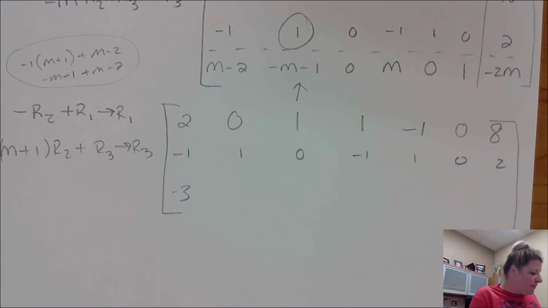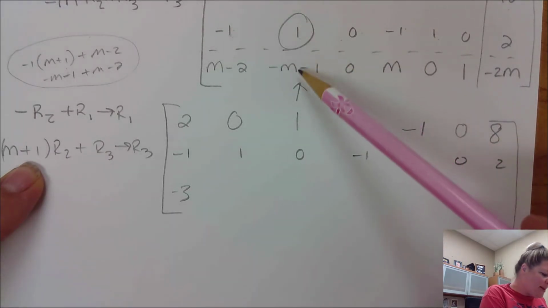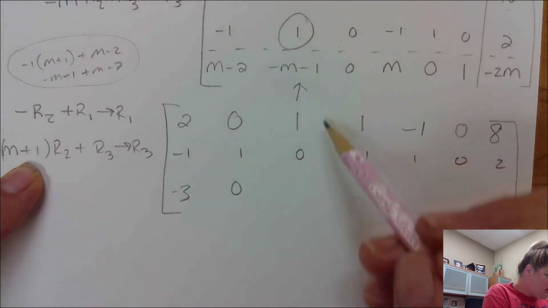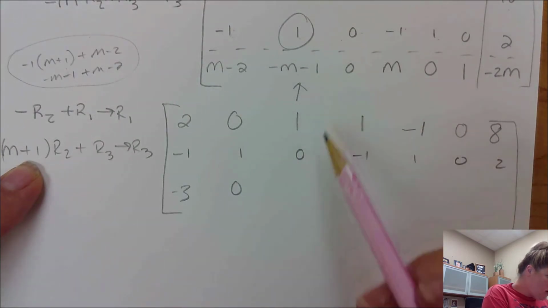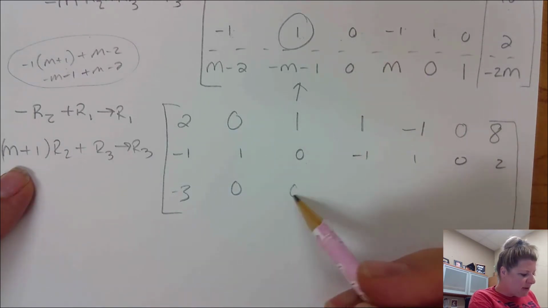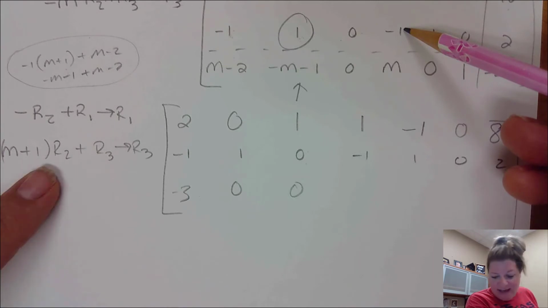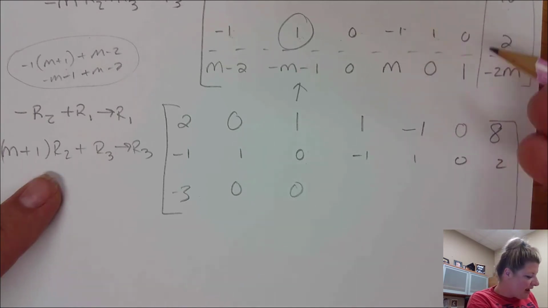Okay, next one. M plus 1 times 1 is M plus 1. Plus that would make 0. 0 times anything is 0 plus the 1 is plus 0 is 0. -M plus 1. Can you visualize the M's will cancel on this one and you're left with -1?